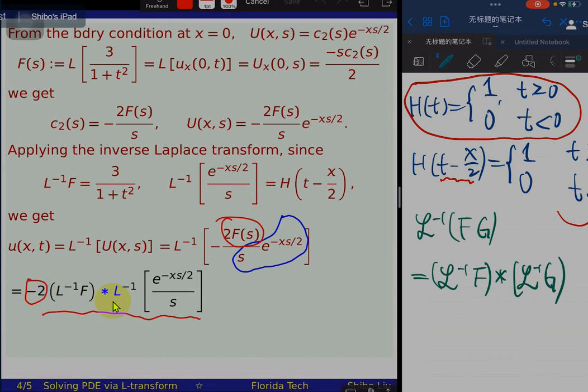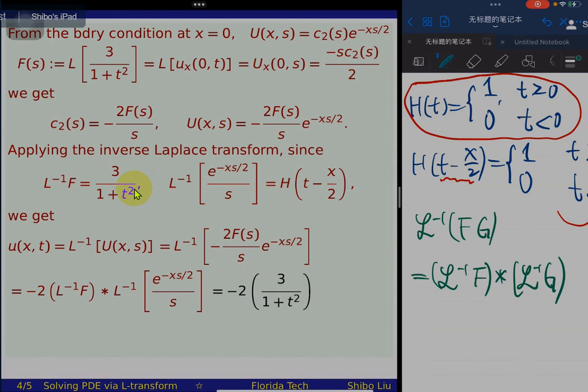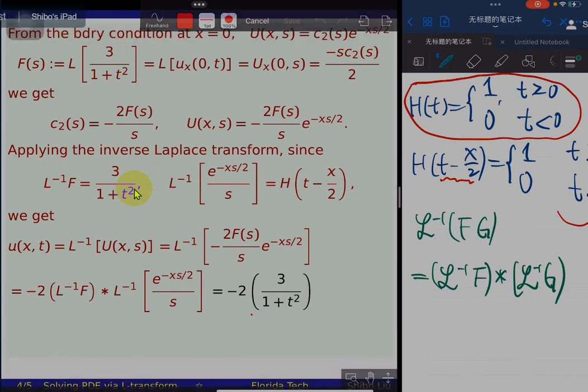Okay, now substituting the result of the inverse transform of both factors we present here, you see that this part is the inverse transform of capital F. So we don't know what the Laplace transform of 3 over 1 plus t squared is, but we simply denote it by capital F. We don't know the expression of capital F. That is not a problem, because eventually we will apply the inverse transform to capital F, and then we go back to the 3 divided by 1 plus t squared.